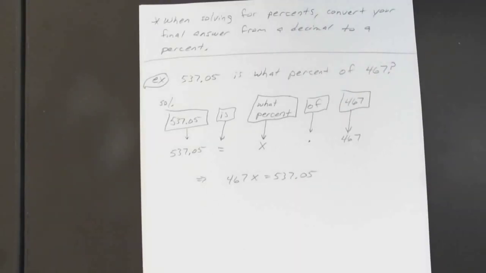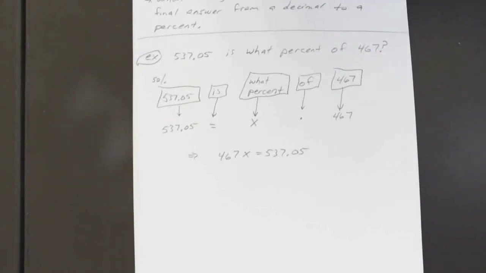I just kind of switched it over because for some reason I feel better when my variable's on the left-hand side. Okay. So now all we have to do is divide both sides by 467.